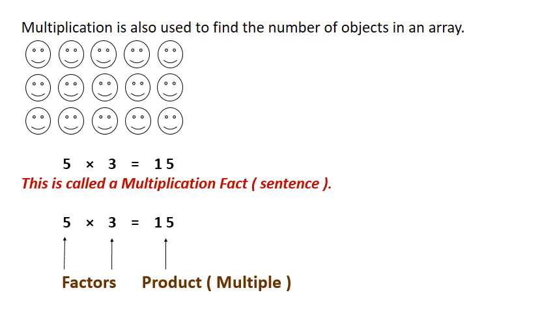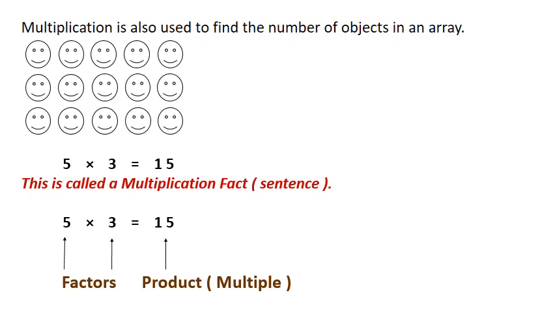Here you might be thinking that so less objects we can easily count and find the total number of the objects. So what is the need of the multiplication? But here you are given a less number of objects. So you might be finding it easy to calculate or to count and find out the total number of objects.